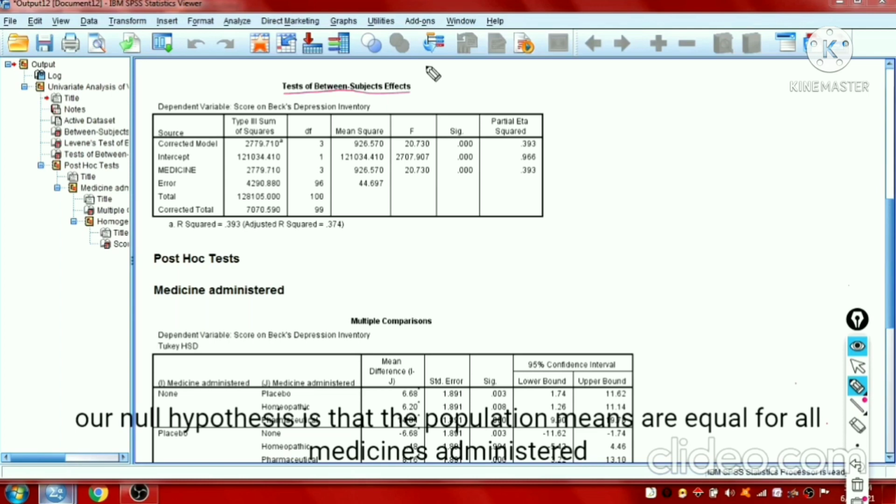Our null hypothesis for the ANOVA test is that population means are equal for all medicines administered.